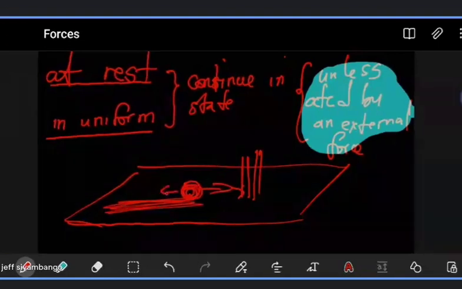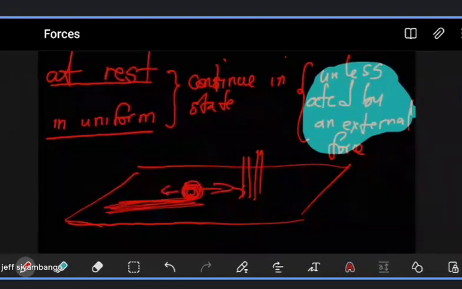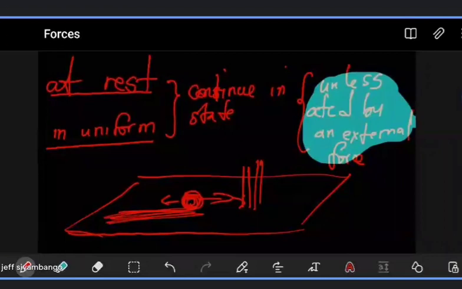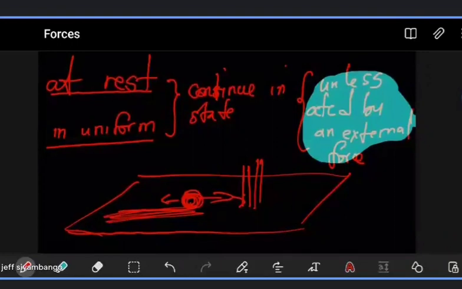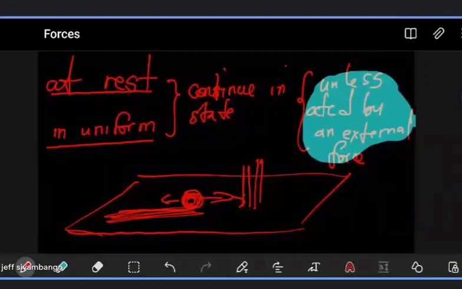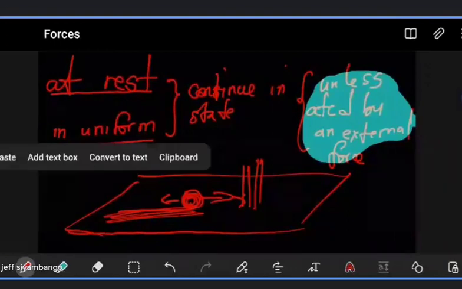So in the same first law, Newton talks about an object: if it is moving, it will keep moving unless it is acted upon by an external force. A good application of this concept is satellites in orbit. You know we have our planet, and countries have their satellites which rotate around the Earth.